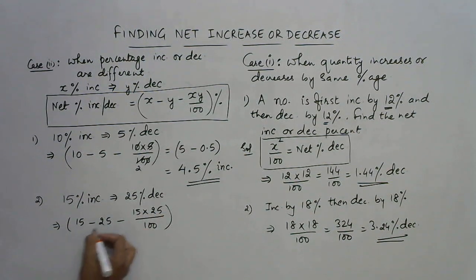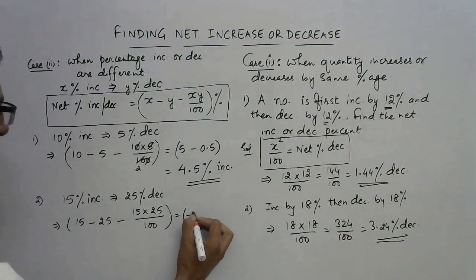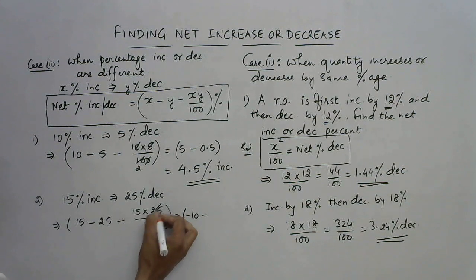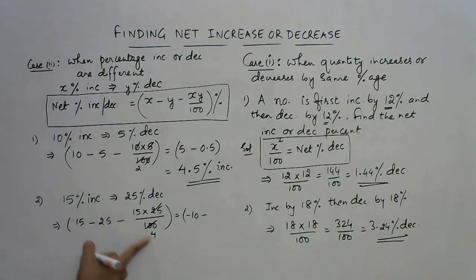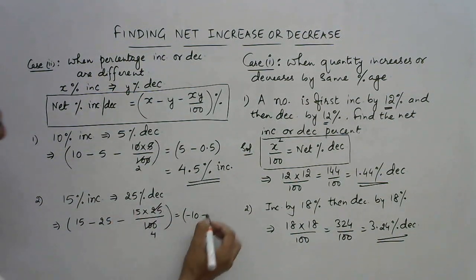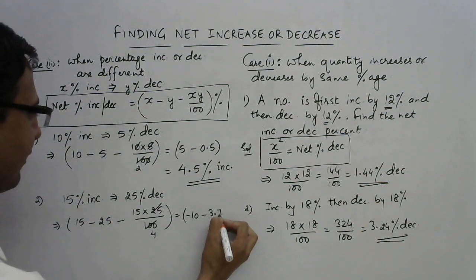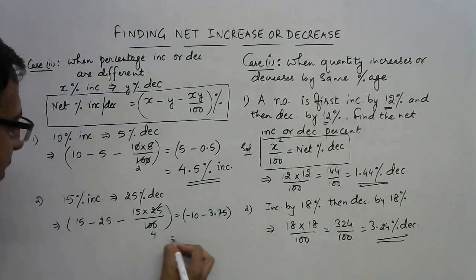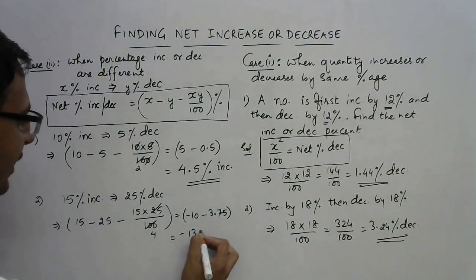So here you have 15 minus 25, which is minus 10, minus, so 25 goes exactly 4 times, and if you divide 15 by 4, half of 15 is 7.5 and half of that is 3.75, so 3.75. So what is your answer? This is negative of 13.75.